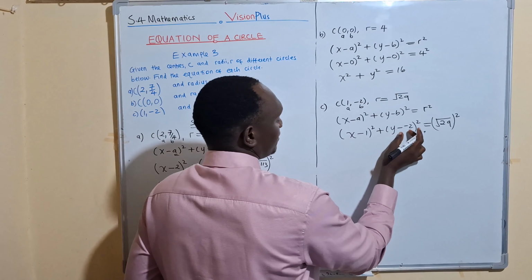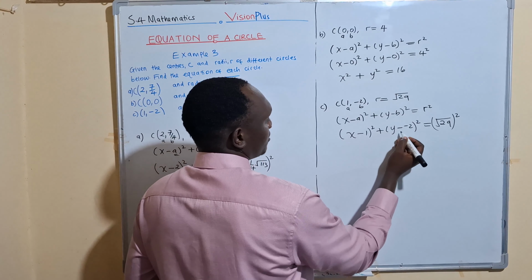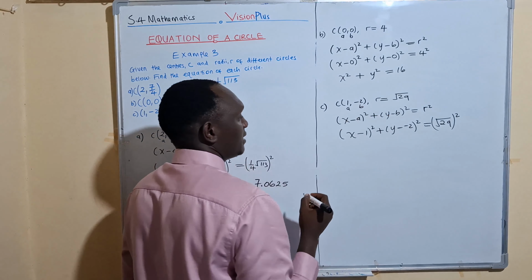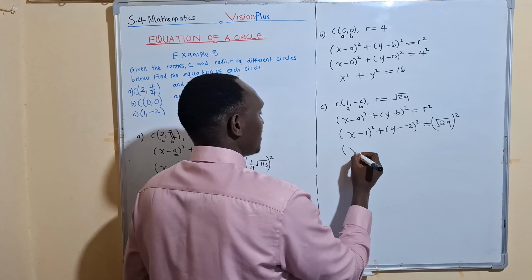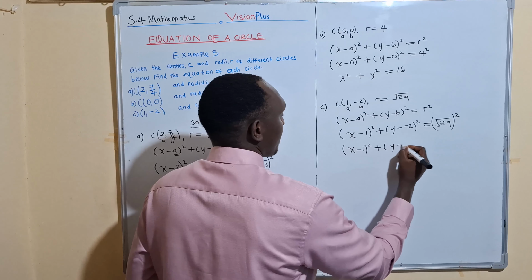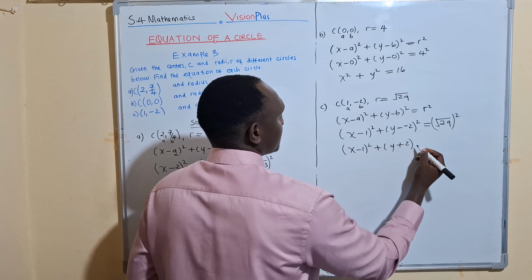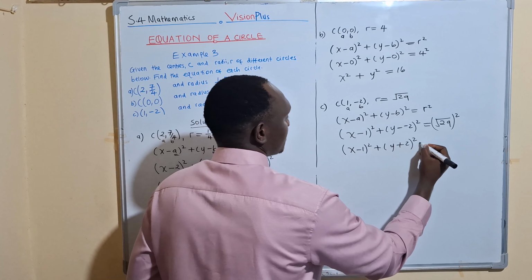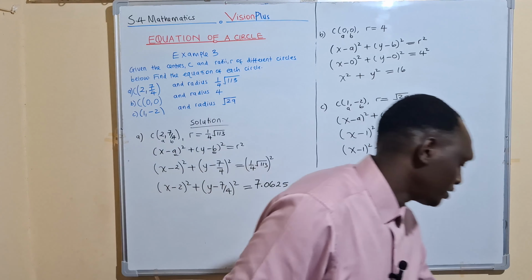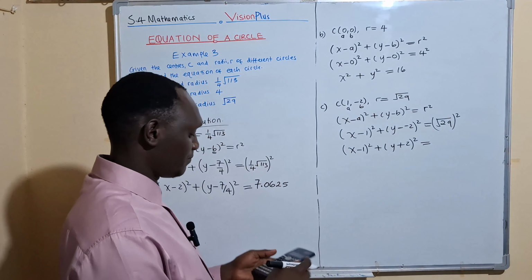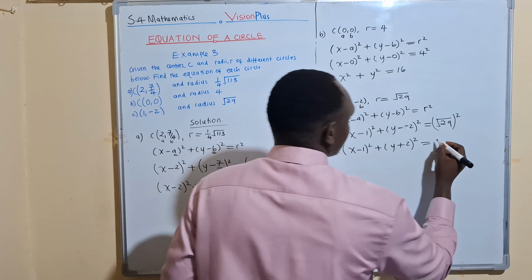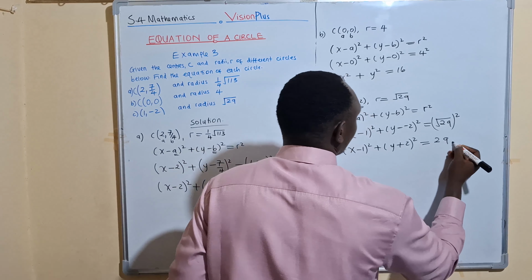So from here now, we need to simplify these two signs, because this is the sign of the formula, this is the sign of the value of b, negative 2. So here we shall have (x − 1)² + (y + 2)². These two signs are going to create a positive sign, squared, equals, what is the square root of 29 squared? Square root of 29 squared is 29. It leaves us 29 units.